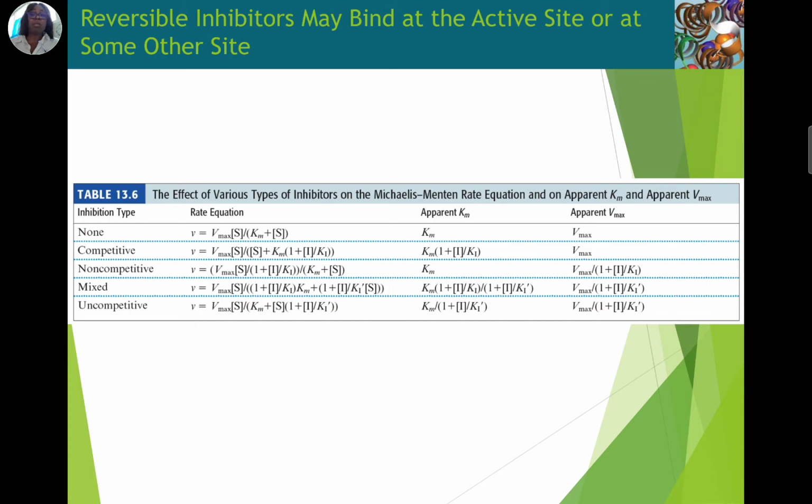For mixed, both are affected. And in uncompetitive, which is different from non-competitive, we get a mixture of changes occurring. So by looking at a graph, you can actually say what type of inhibition is going on just by looking at where the curve hits the axes. What is the impact on Km? What is the impact on Vmax?